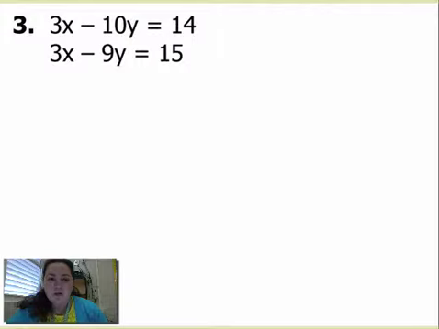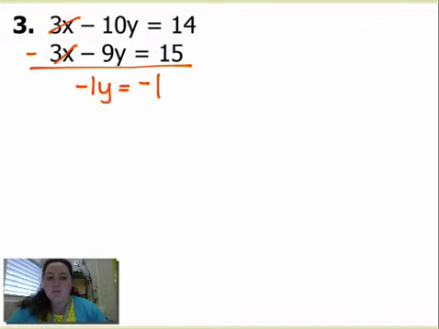Alright, number 3. 3x minus 10y equals 14, and 3x minus 9y equals 15. They both have a 3x, so I'm going to subtract the second equation. My x terms are gone. So I have negative 10y minus negative 9y, so that turns into plus 9y.